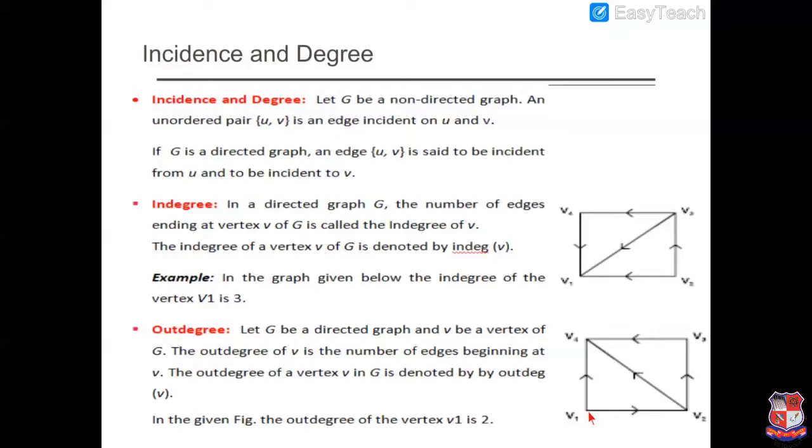Therefore, its total degree is in degree plus out degree, 0 plus 2 is equal to 2. Similarly, for vertex V2, the in degree is 1 and its out degree is 2. Therefore, its total degree is 1 plus 2, which is equal to 3.